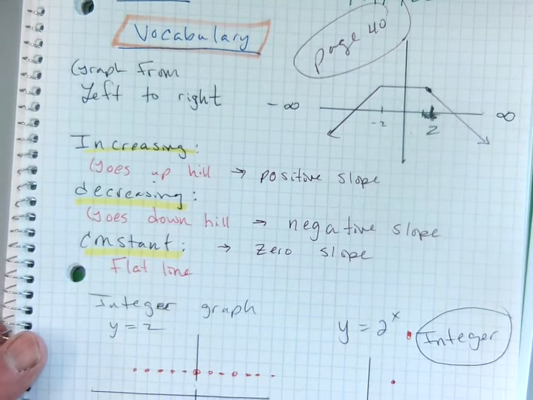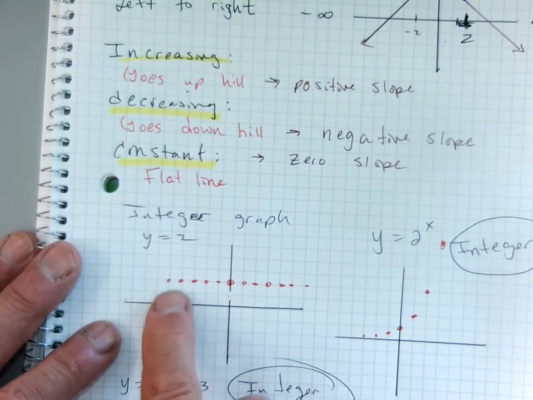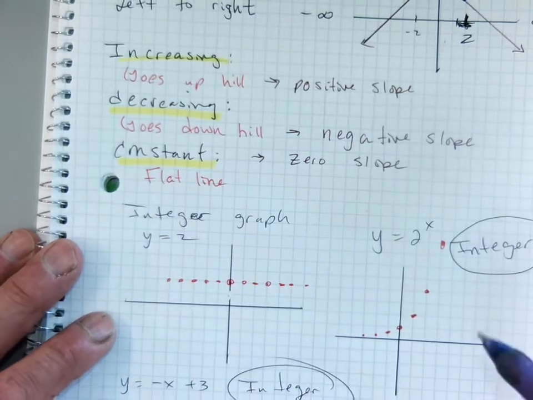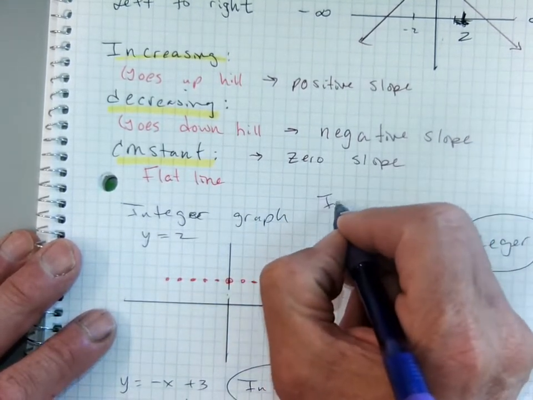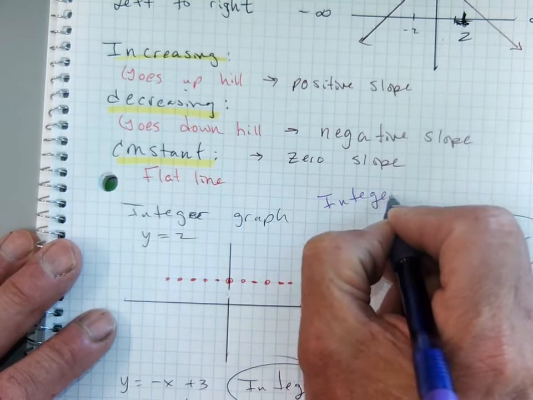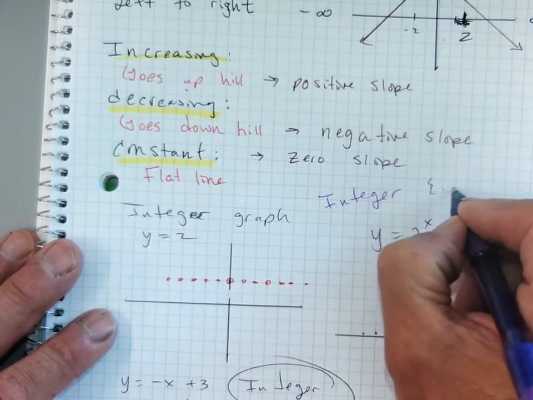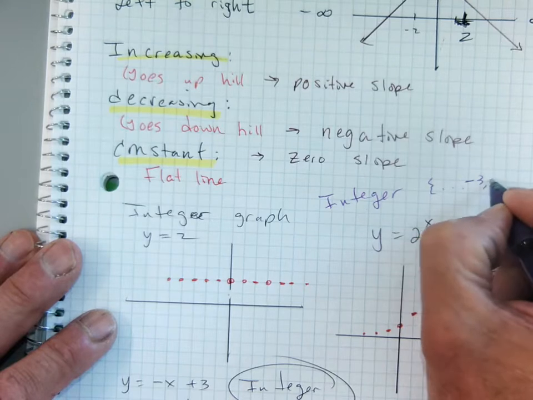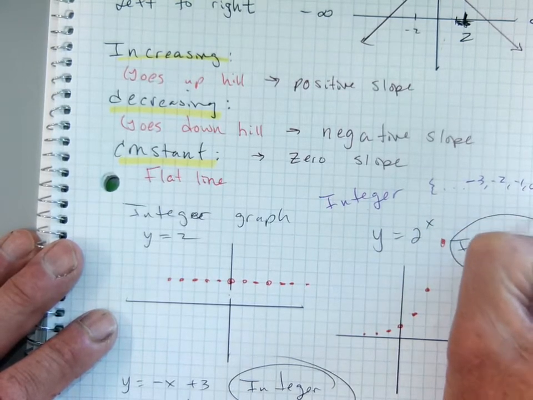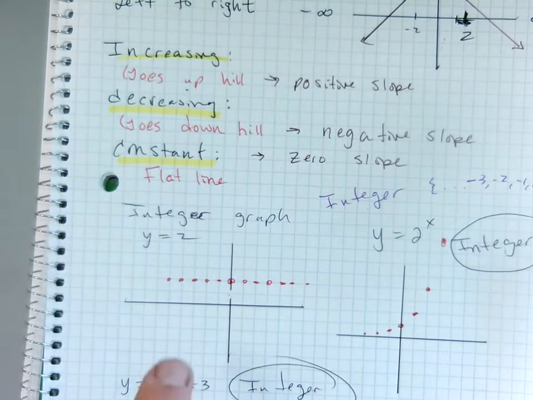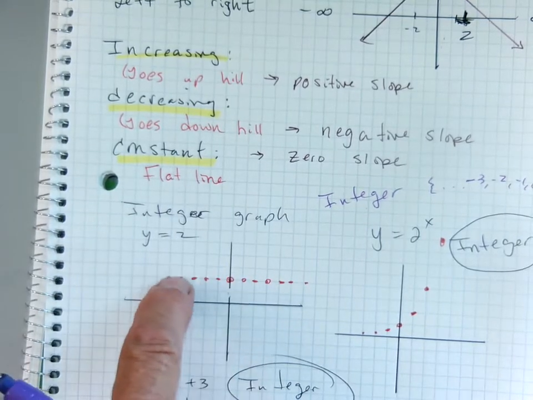Then we looked at integer graphs. Integer graphs are weird because an integer is just a whole number, positive or negative. So the integers are these numbers here: dot, dot, dot, -3, -2, -1, 0, 1, 2, dot, dot, dot, okay? An integer graph doesn't have any fractions in it. There's nothing in between.